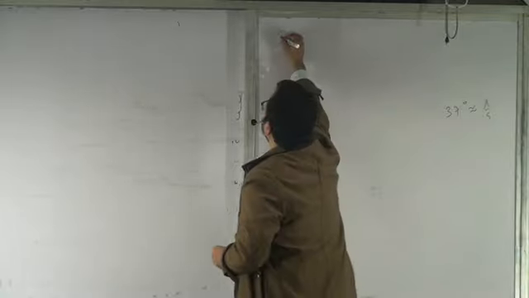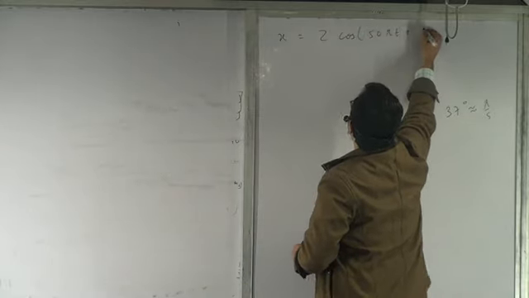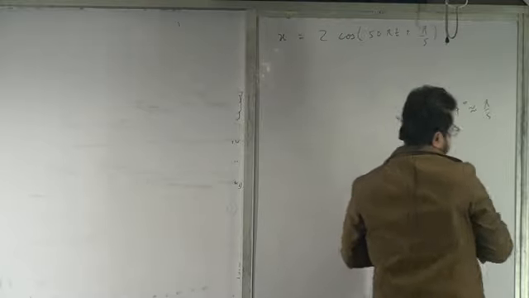This is the equation: 2 cos 50 pi t plus, now you can write it as pi by 5.